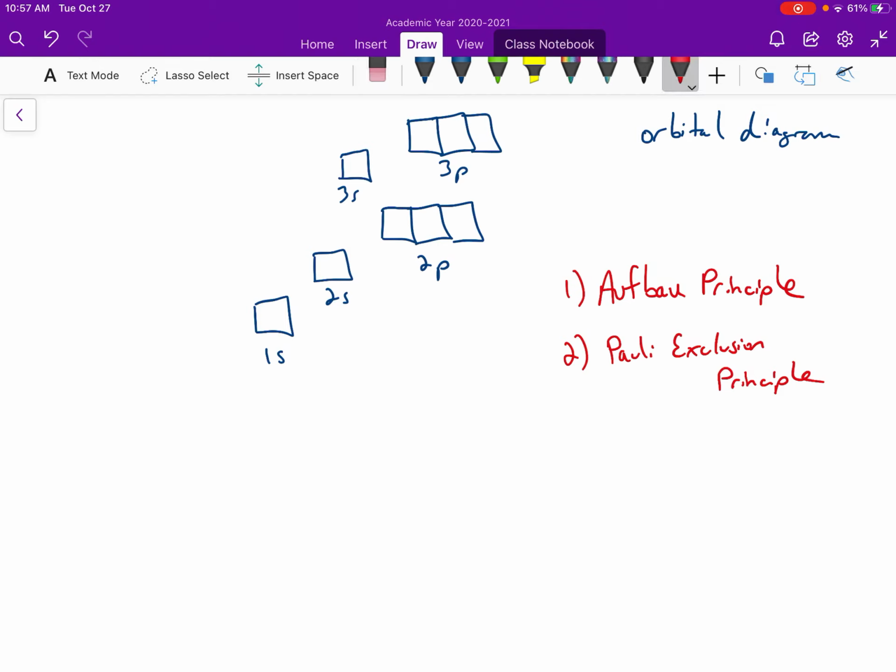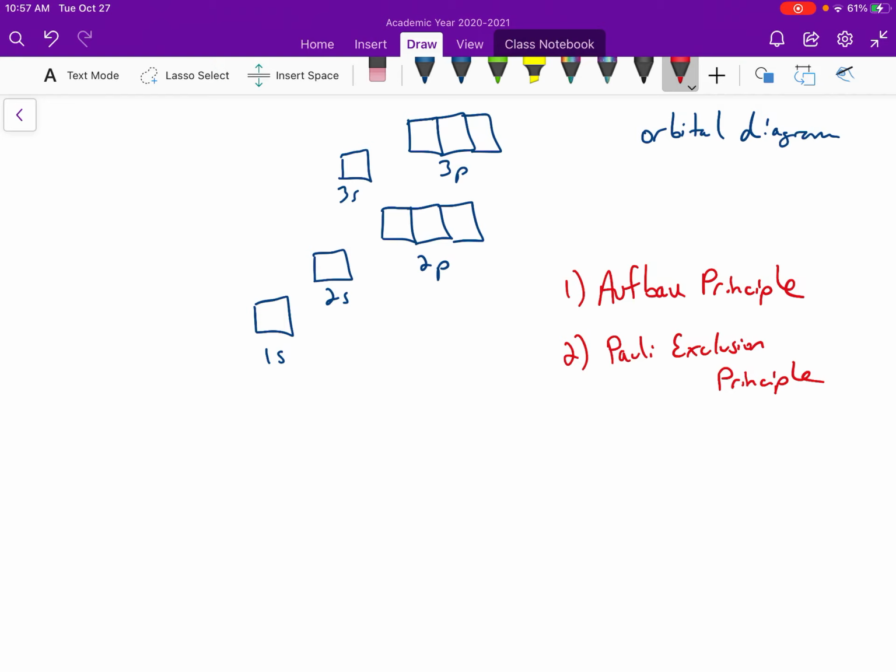The way we note that is we use arrows, and we say 1 goes up, 1 goes down. It is sort of arbitrary which one we write as up and which as down. It would be totally fine if I wrote down and then up. It doesn't really matter as long as, if you write 2 electrons in a box, they have opposite spin. I would say general convention is that we draw up first, but you're not wrong to draw it down.